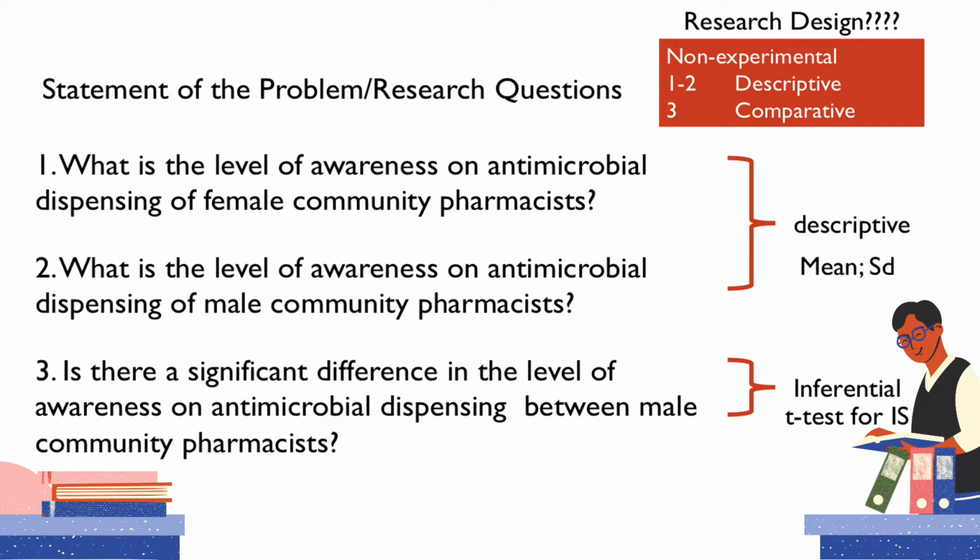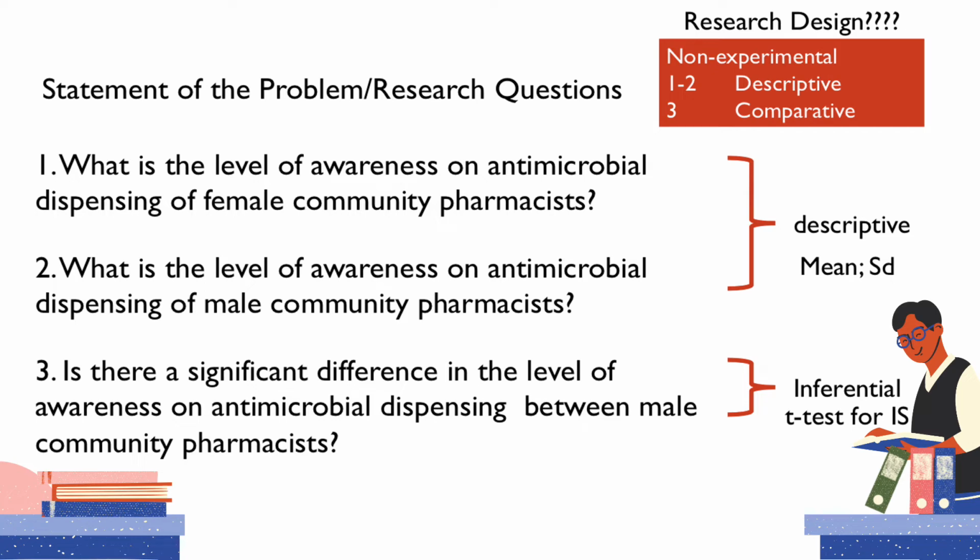For the third statement of the problem or research question, this is the time you will state your hypothesis in a manner of research question. So it will be stated this way. Is there a significant difference in the level of awareness on antimicrobial dispensing between male and female community pharmacists?